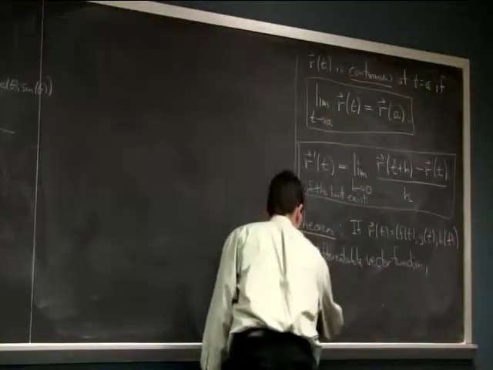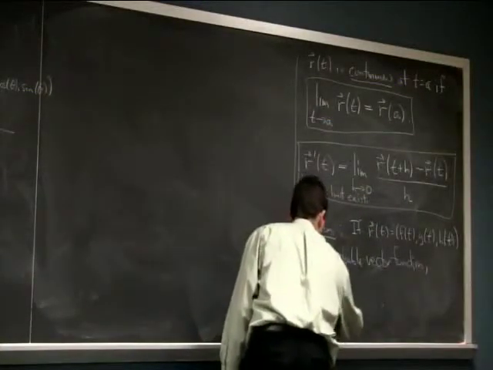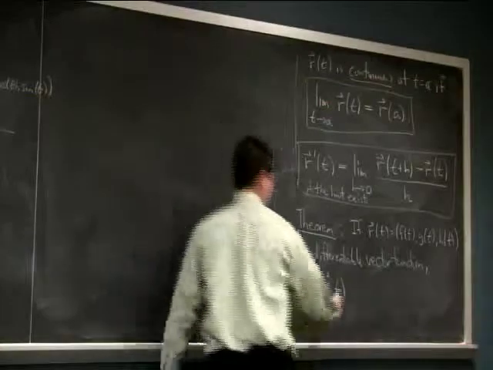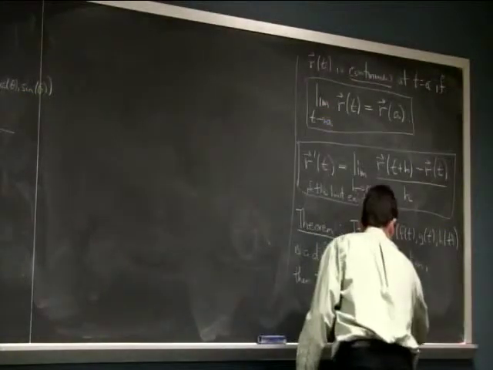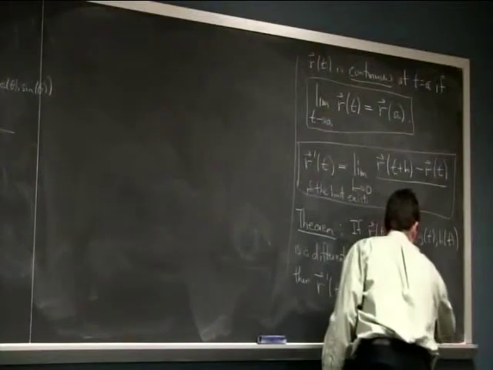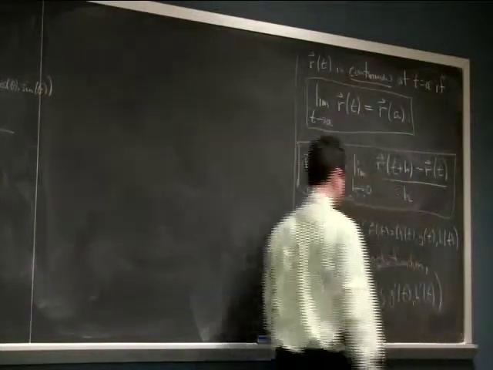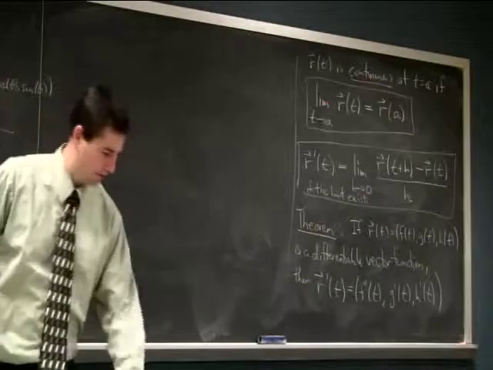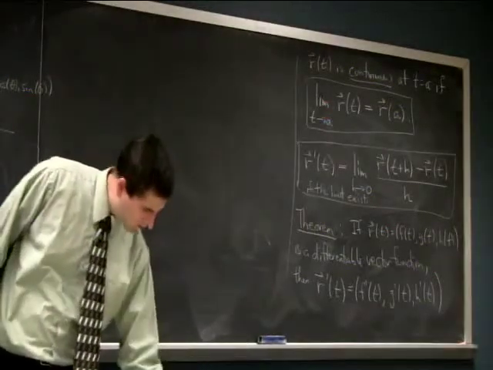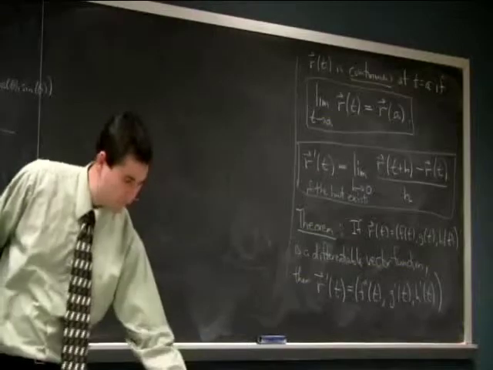Then the derivative of r is just the derivative of f, comma, the derivative of g, comma, the derivative of h. So it's exactly what you want. So it's really easy. This could not get any easier. Good.